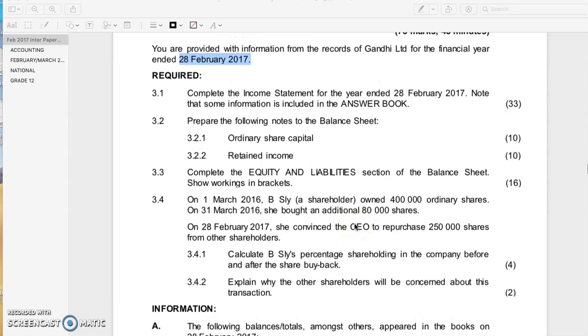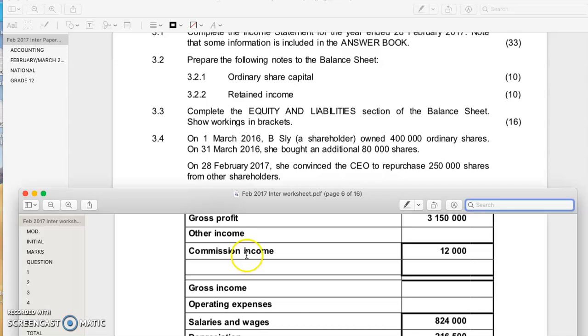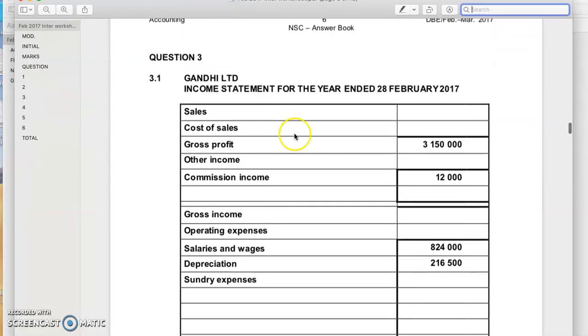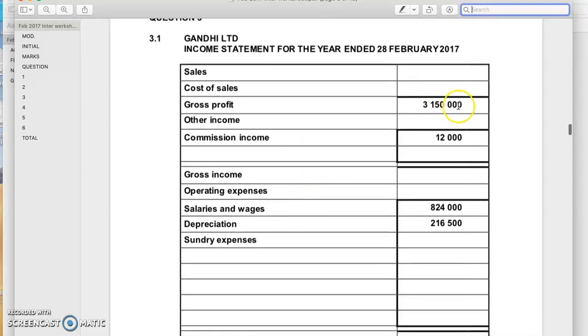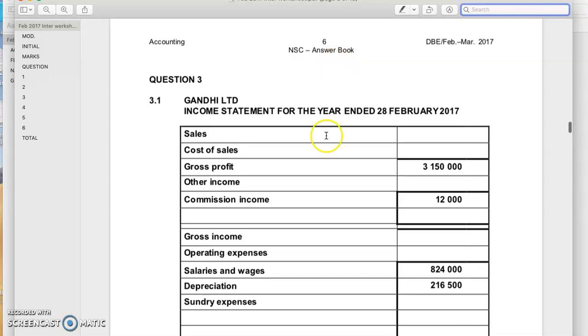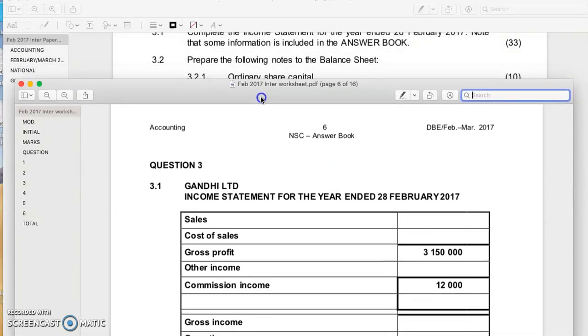Let's get started. You were provided with the answer book, and we can see we have a gross profit figure, a commission income, salaries, depreciation, and they gave us income tax. So our job is to do everything that's not there.